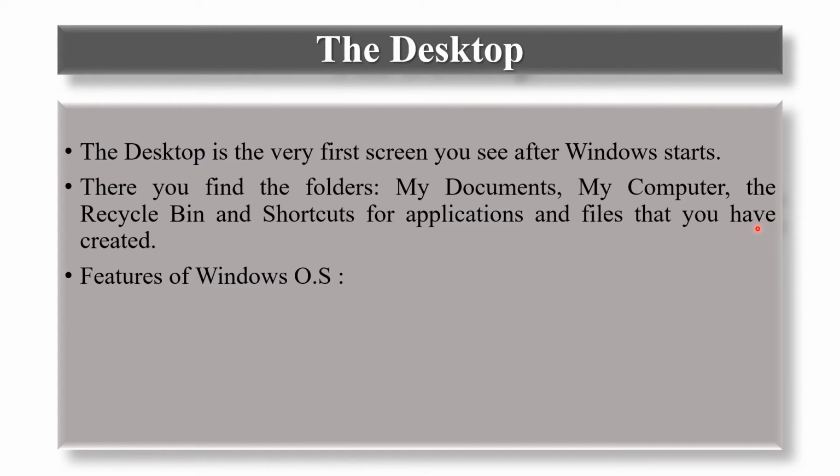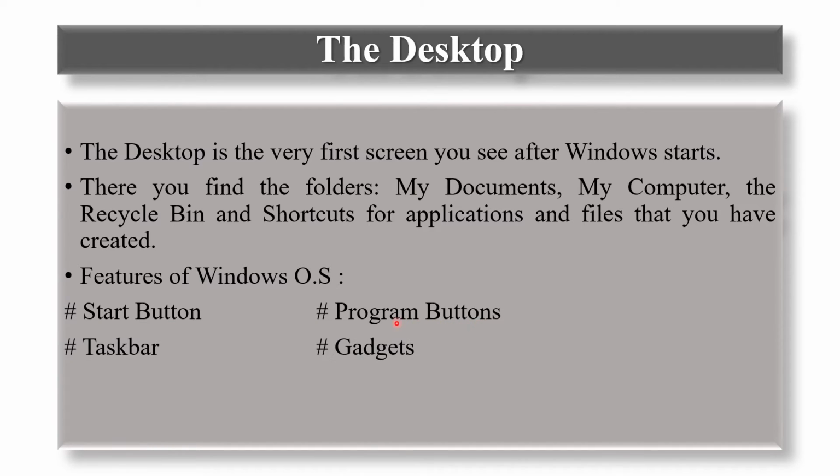Features of Windows operating system. Here, first is Start button, Program button, Taskbar, Gadget, Notification area, Shortcuts, etc.